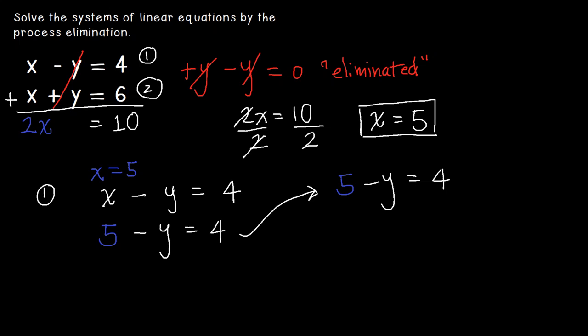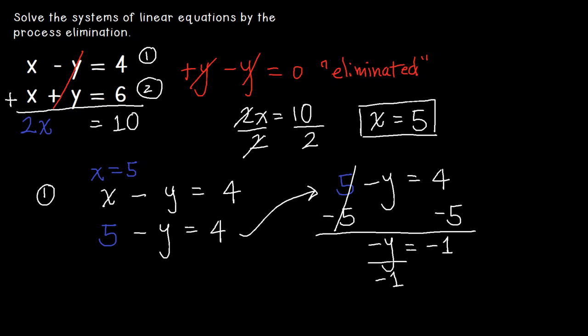Then we're going to isolate the y like we did before by subtracting 5 from both sides, the left side and the right side. Then the 5s cancel out and become 0. Minus y is equal to negative 1. Notice that we still have a negative sign here, which means that there's a negative 1 here somewhere. So we're going to divide both sides by negative 1 so that the y is completely isolated.